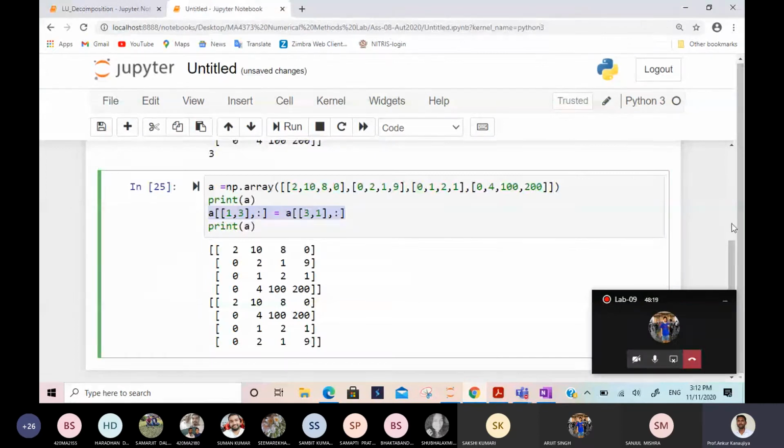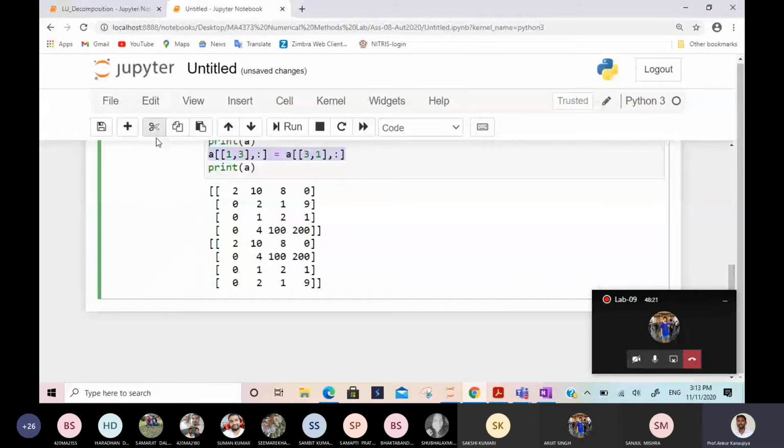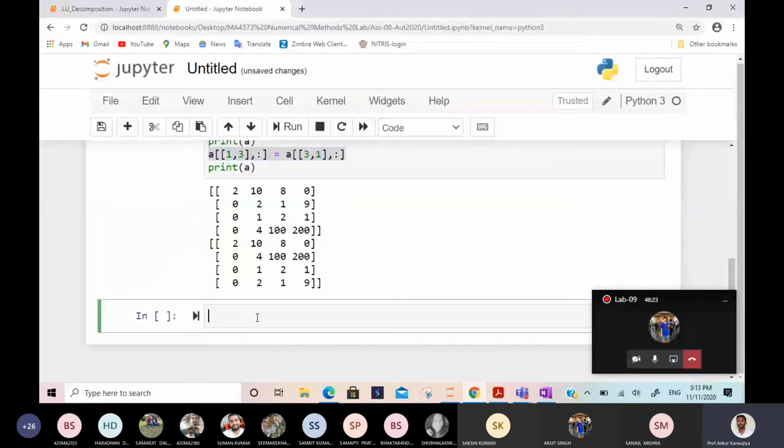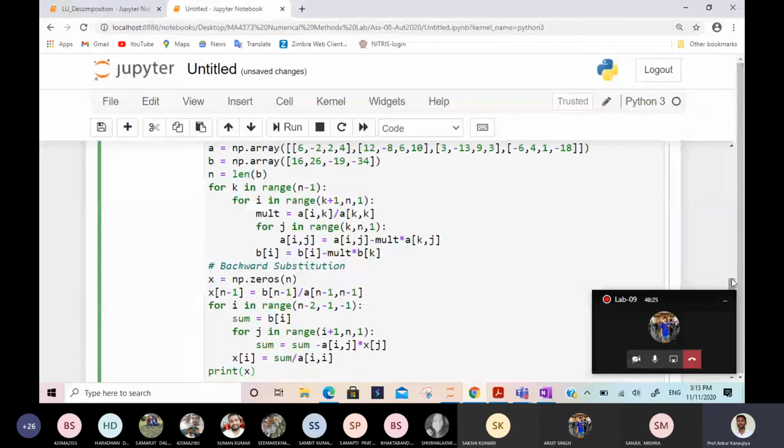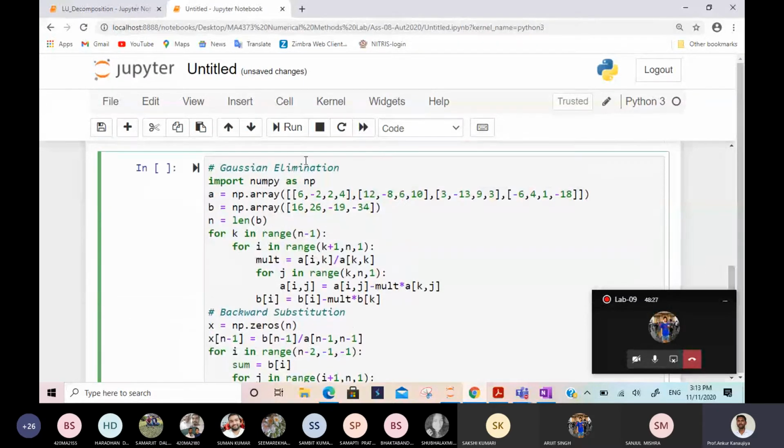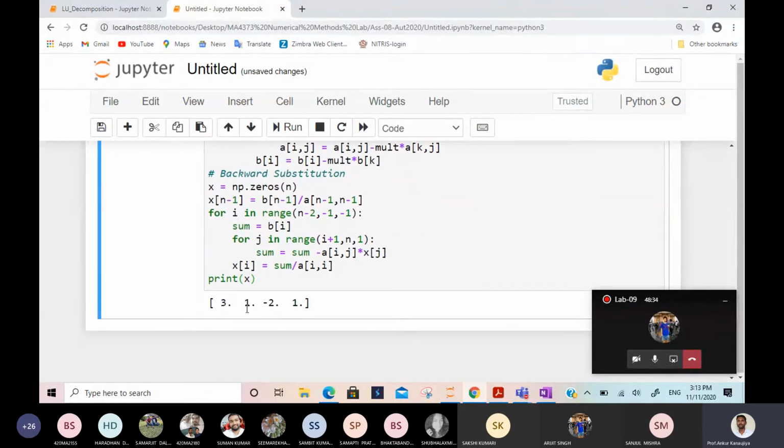Suppose you want to solve this problem by partial pivoting. Even for this problem, if you do not apply partial pivoting, it doesn't matter. But the problem I gave in the assignment, you cannot solve by plain Gaussian elimination. If you see, the answer is coming 3, 1, minus 2, 1.